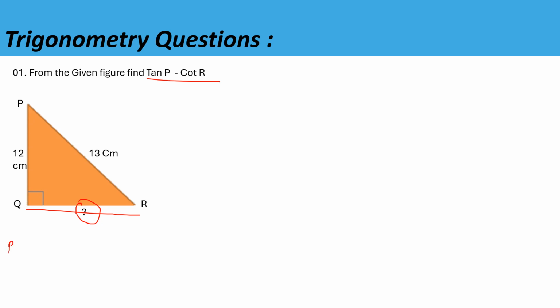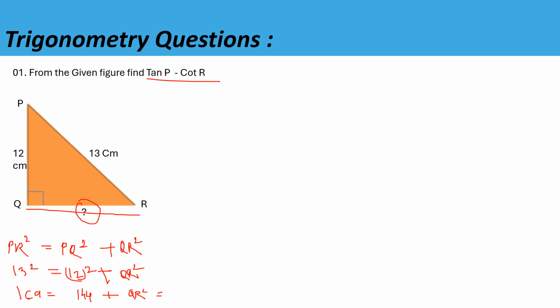So PR, which is your hypotenuse, PR square is equal to PQ square plus QR square. So we have the values: 13 square is equal to 12 square plus QR square. So 13 square is what? 169 is equal to 144 plus QR square.